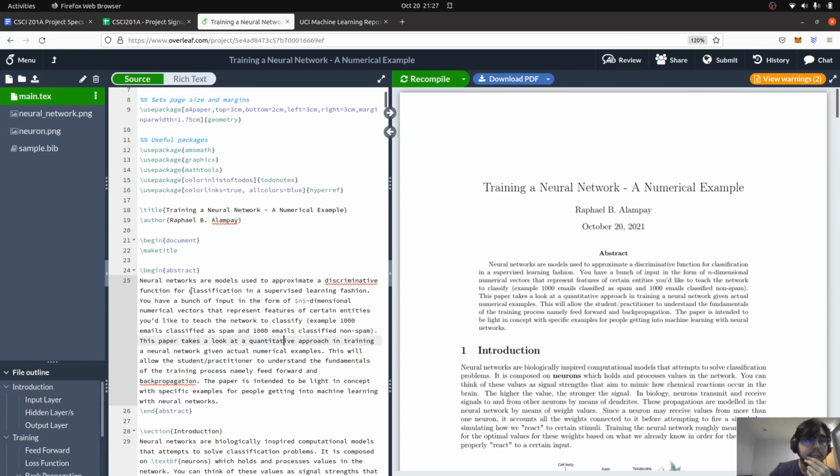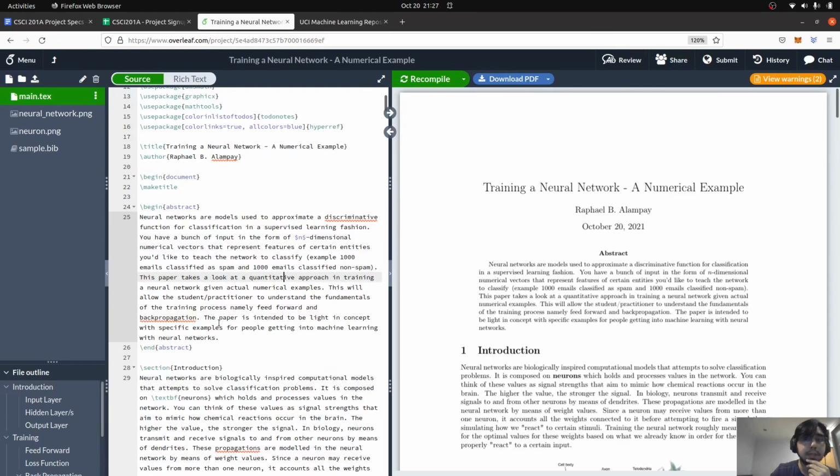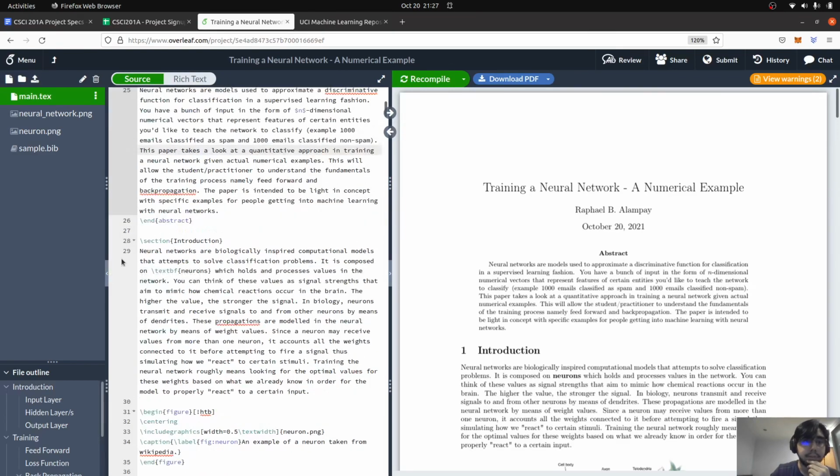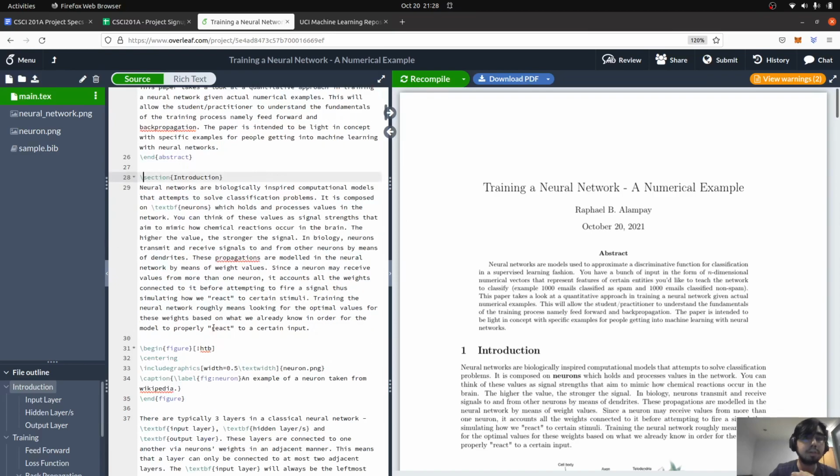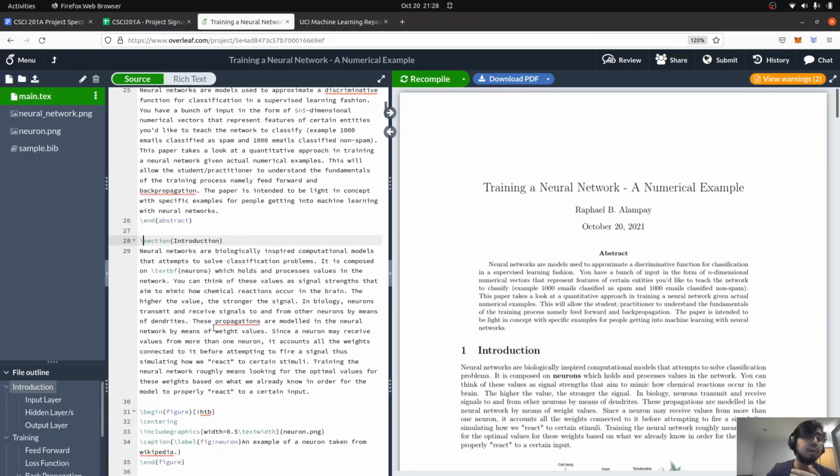Right? So when we say that we have a section, then you have this declarative statement in LaTeX, which often begins with a backslash. This indicates that you are performing a certain command or macro in LaTeX.